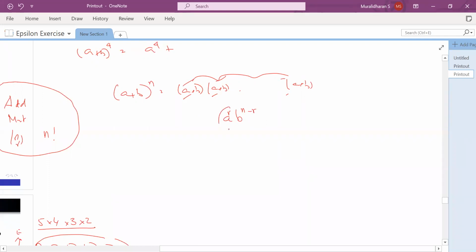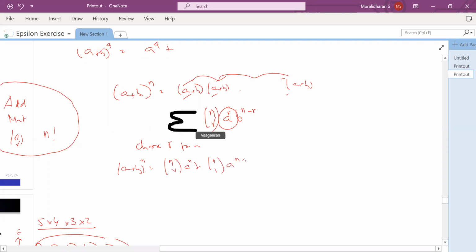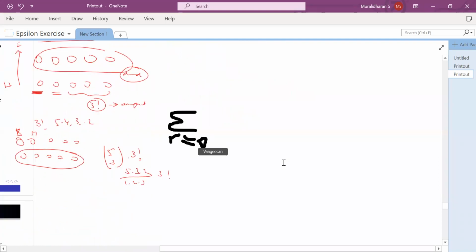That means this will occur as many times as I choose r factors from n. Therefore, this one must be NCR. So that's where the whole thing comes from. My a plus b whole power n is NC0 into a power n, NC1 into a power n minus 1 into b, and so on. So that's why these are called the binomial coefficients.